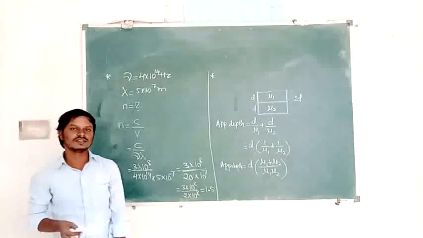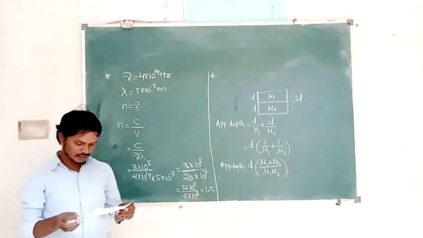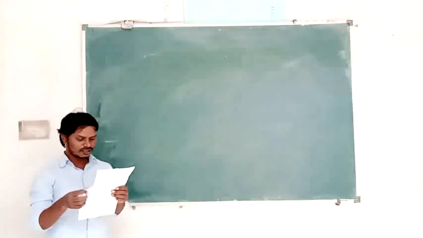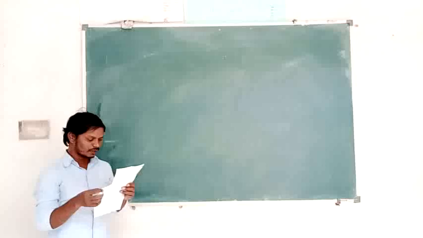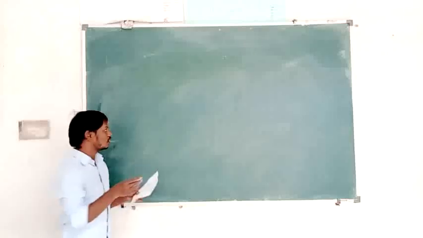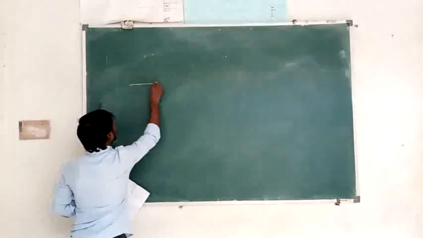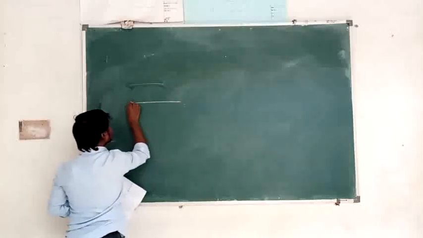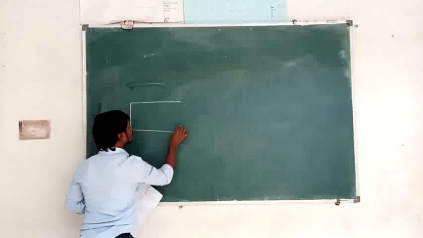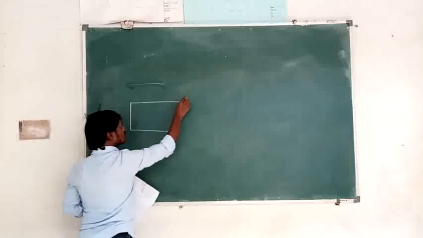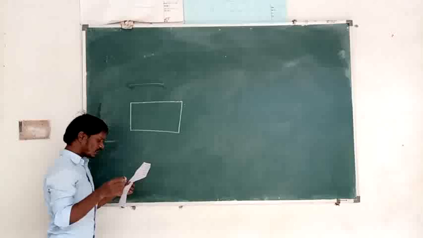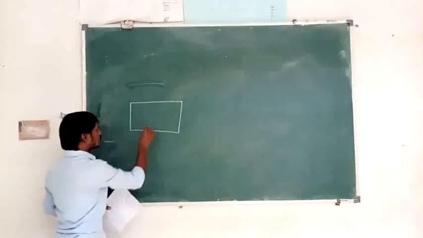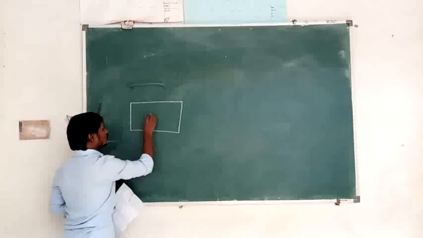So next we are going to discuss the question. The problem is that an underwater swimmer is at a depth of 12 meters below the surface of water. So this is the surface of water. At what distance is the swimmer?